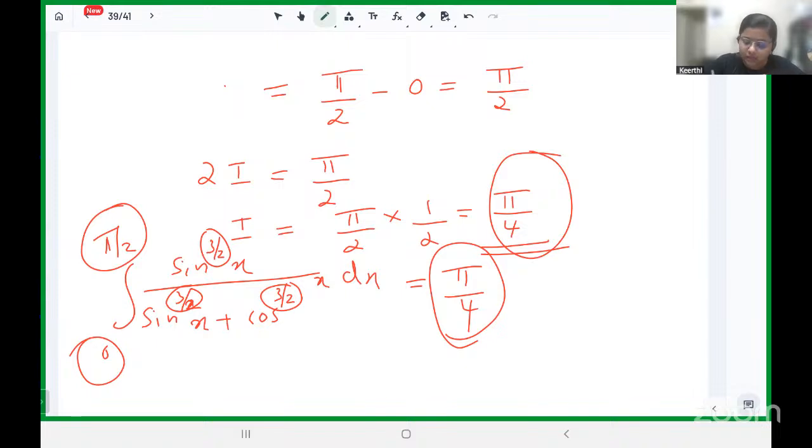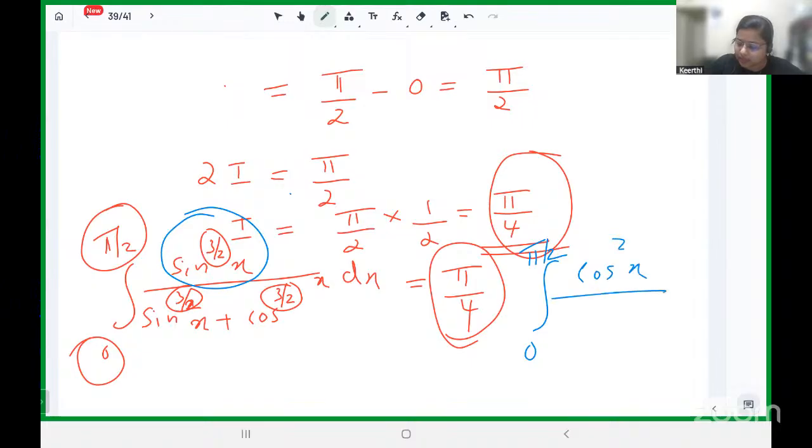And if you are asked a question like this, integral 0 to pi by 2, in the place of numerator, if it is cos square x divided by sin cube x plus cos cube x. The denominator should be sin plus cos, the power should be the same, and the limit should be from 0 to pi by 2.